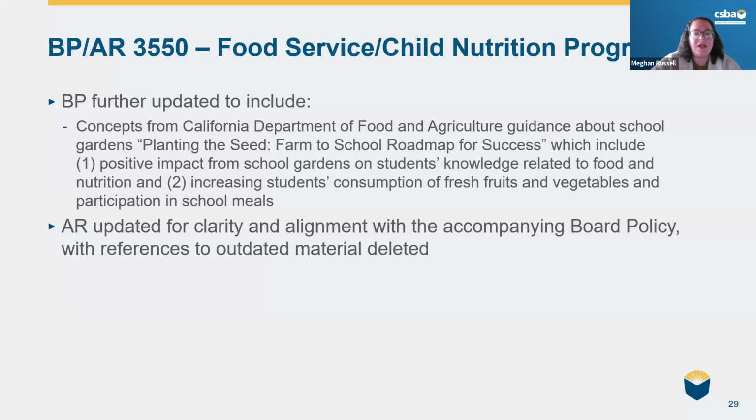And it's really talking about the benefits of school gardens, which include the impact on students' knowledge related to food and nutrition, and that school gardens increase students' consumption of fresh foods and vegetables, and participation in school meals. So those concepts were added to the board policy, and we reviewed the administrative regulation, and we did some minor updates as well to that.